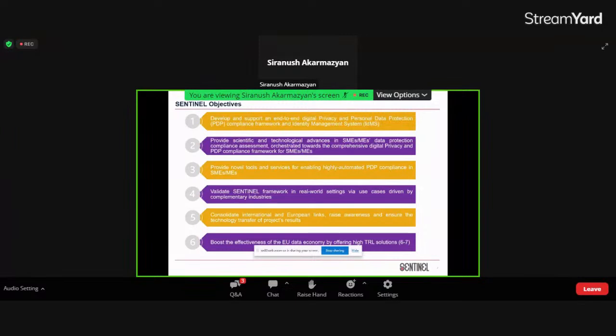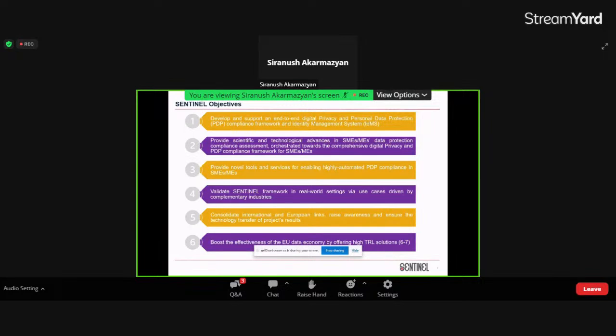Of course, we want to validate all the services and tools in real-world settings, just to showcase that we really support the SMEs, these entities, to automatically and easily first be educated and then be compliant with GDPR.